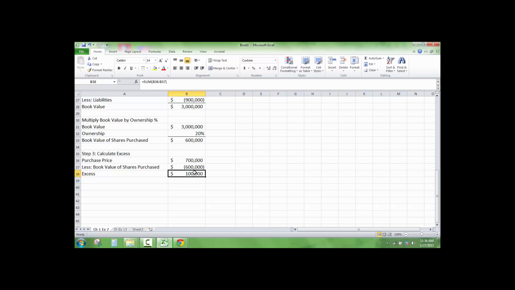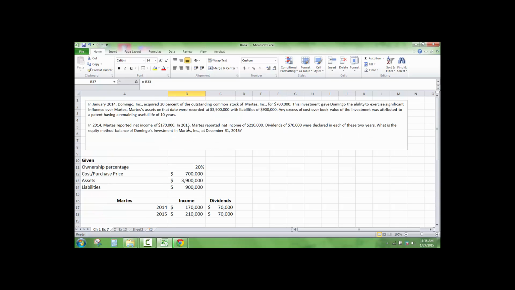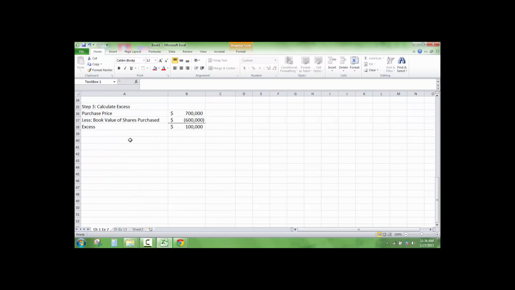So we now have what we paid over the book value, and that came up to 100,000. The problem says any excess over book value of the investment is attributed to a patent having a 10-year life. So we're going to allocate, step 4, allocate excess. And it's all going to a patent.